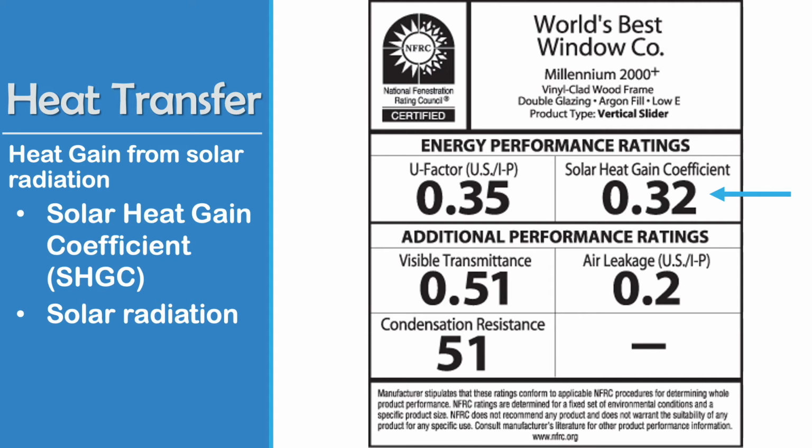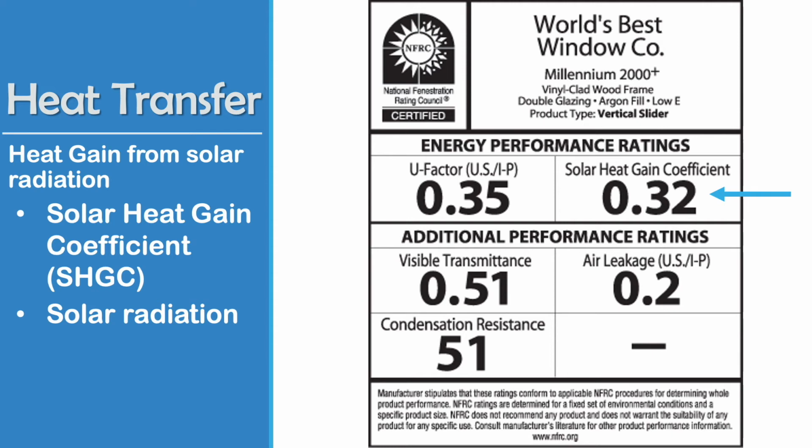The National Fenestration Rating Council requires a label on certified windows to show the total U value. So here we see the U value, which they're calling U factor, is 0.35. This doesn't actually meet code for Oregon, but once upon a time it did, and in a more temperate climate it would.